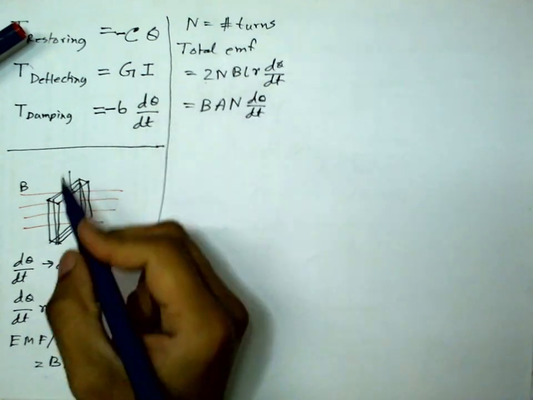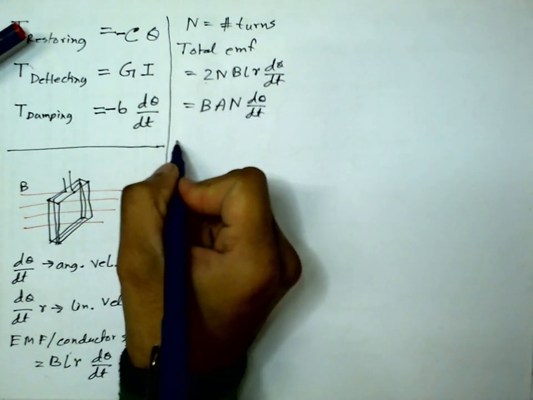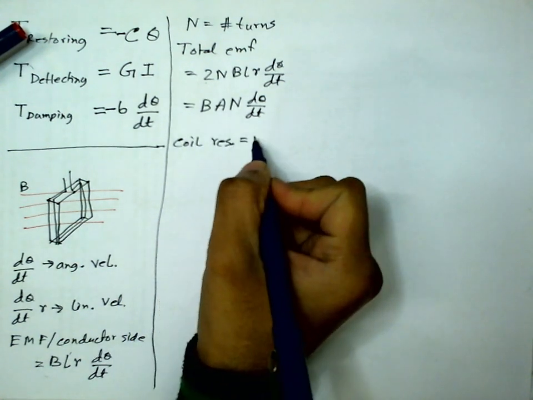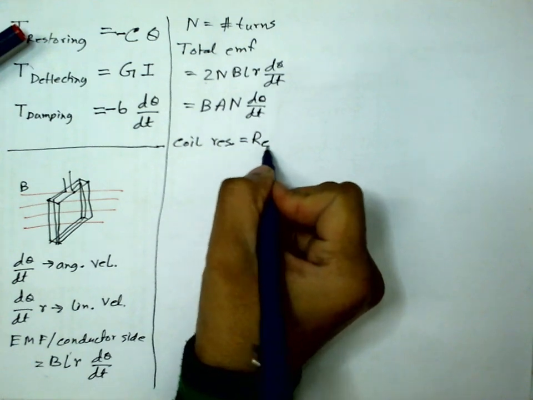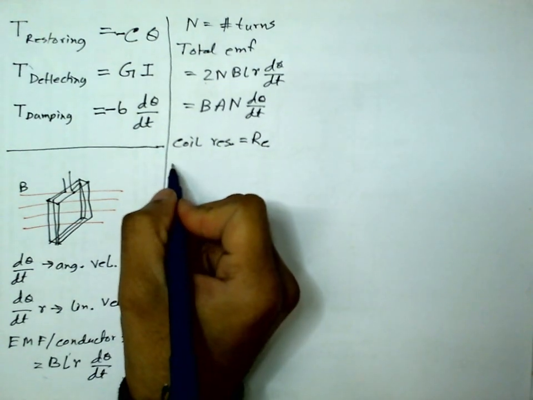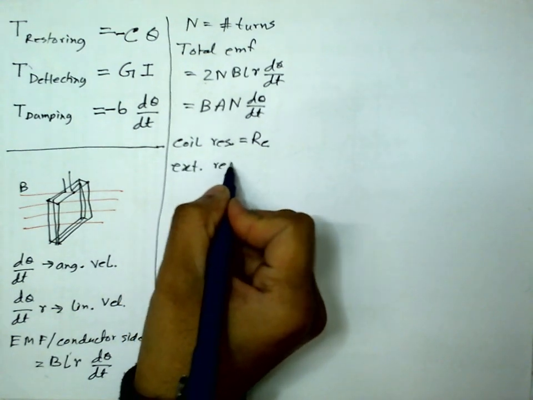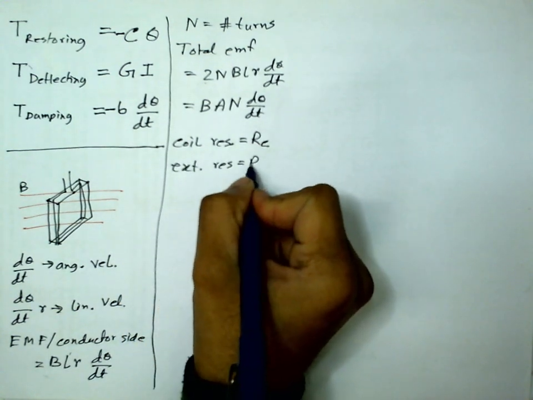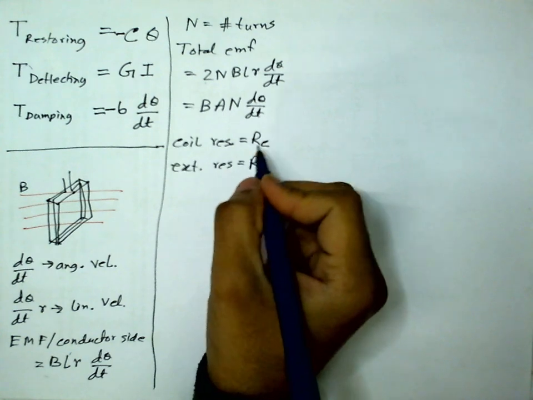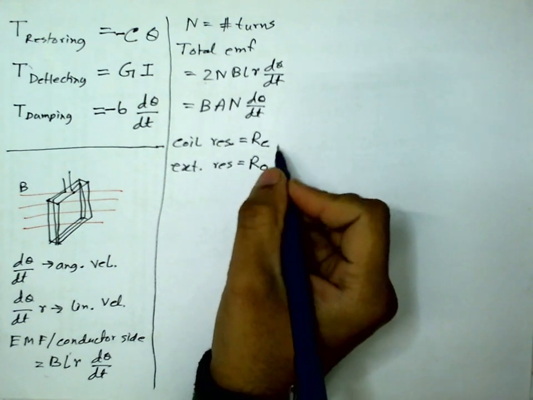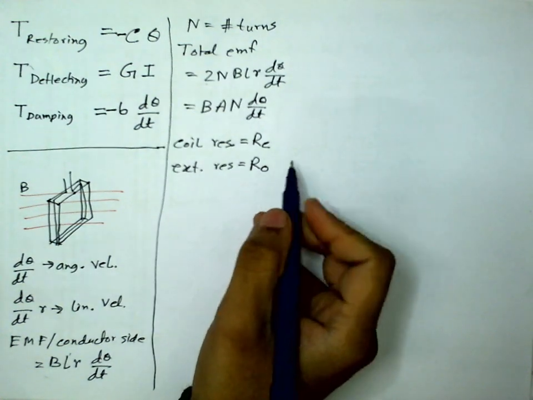Now if the coil resistance is equal to RC and external resistance, let me call it RO for outside, this is the external resistance.